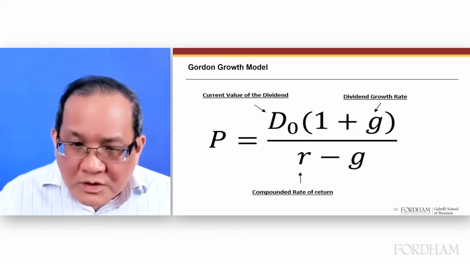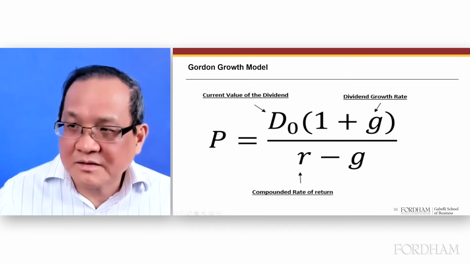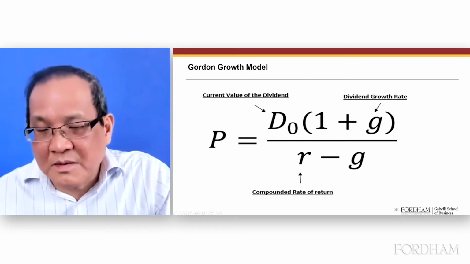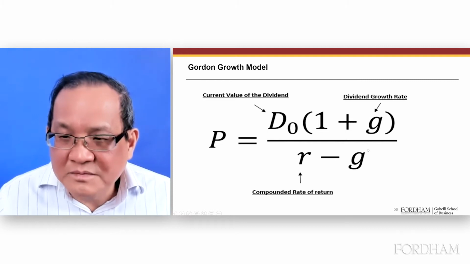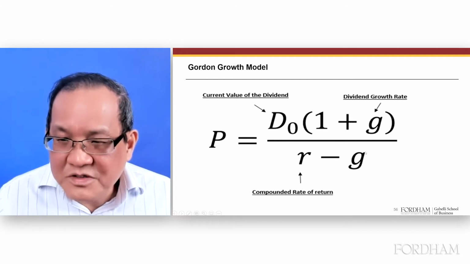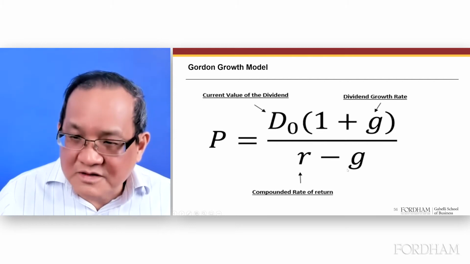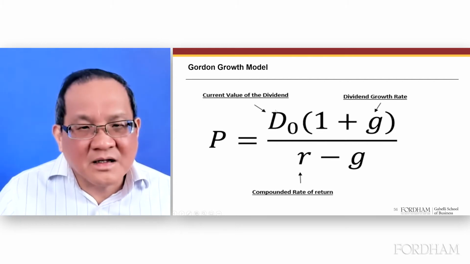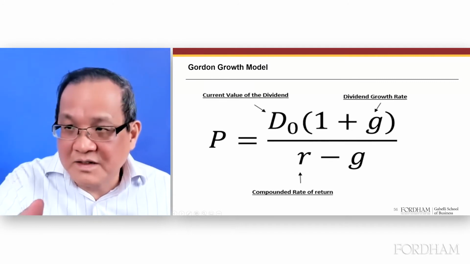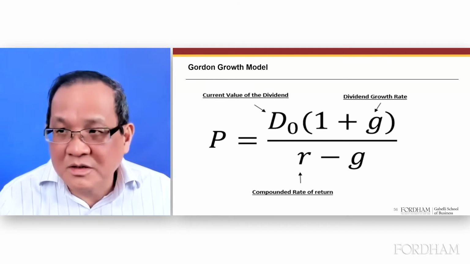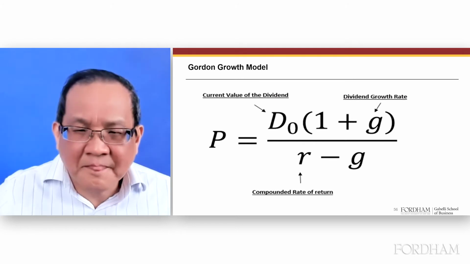What we know for sure is the price today that's being traded in the market. We can estimate the growth rate with a reasonable justification by looking at the last 5 years. And the current value of dividend is a number that we can take from the company's reported statement, right?